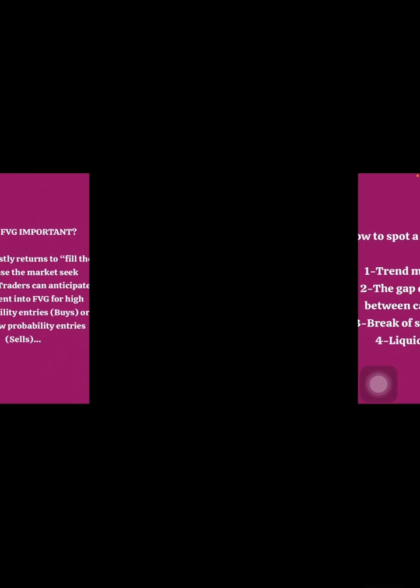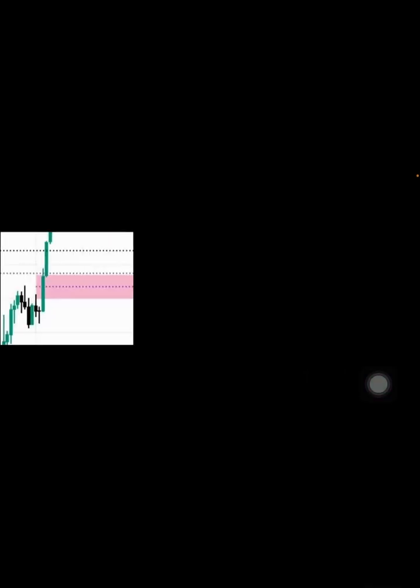Diving more for more examples of FVG, of a buy FVG. As you can see, my break of structure is here, my three candles that consist of the FVG are here, my trend line is here, considering that the market is on a buy bias, and my liquidities are active as well.